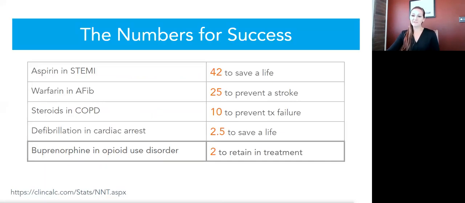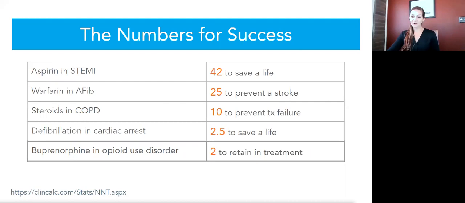And let's talk about how effective it is to treat opioid use disorder with medication. Comparing it with some other medications that we use, when you look at aspirin administered in patients experiencing a STEMI, it takes treating 42 patients to save 1 life. For warfarin in a fib, it takes 25 to prevent 1 stroke.